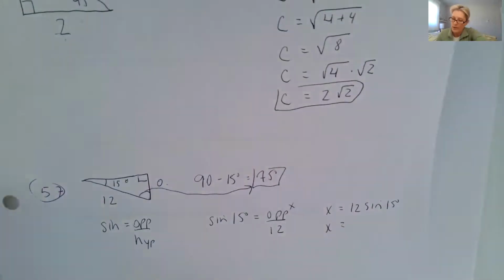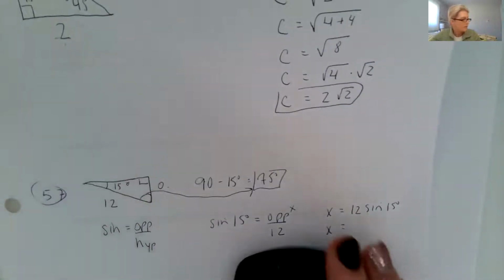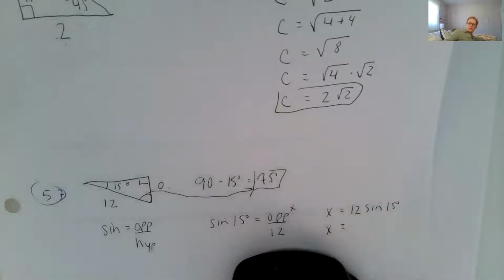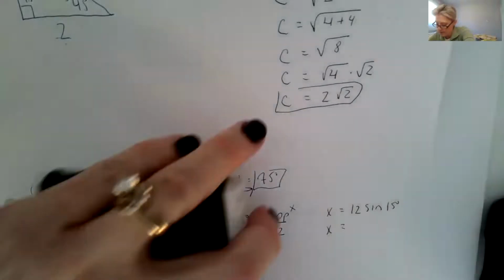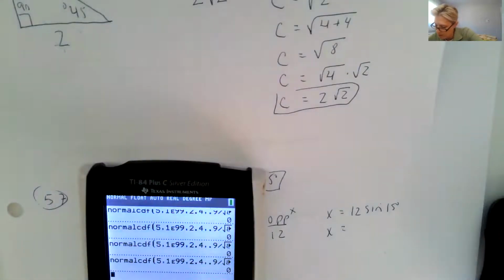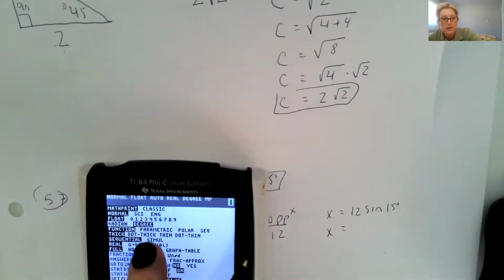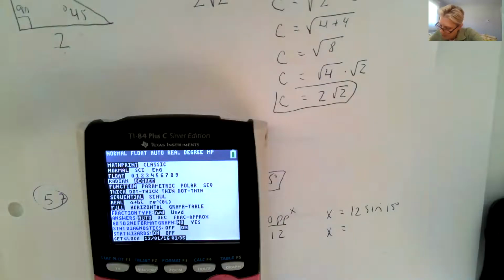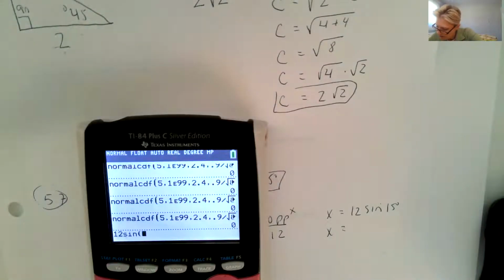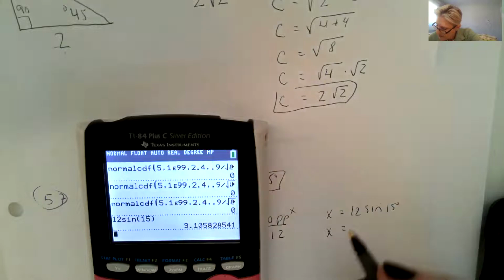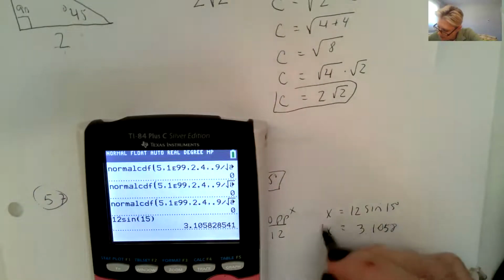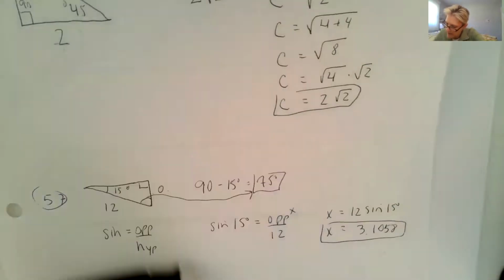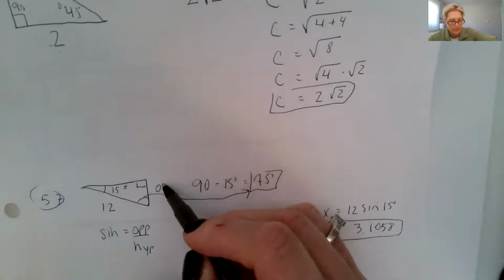Let's get out our calculator here. Because we're using degrees, make sure our mode is in degree mode. That's critical. Yep, it is. Okay, so 12 times the sine of 15 is 3.1058, which is this side right here.